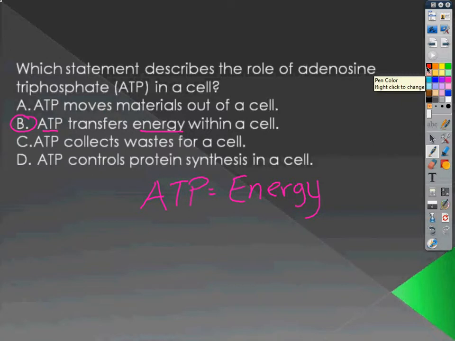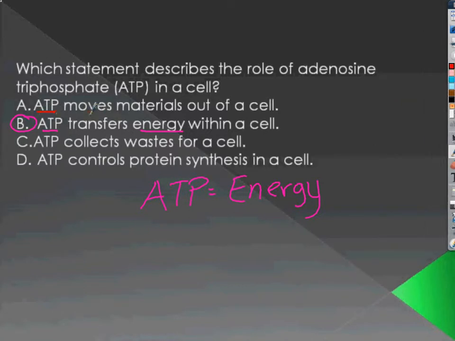ATP moves materials out of the cell. Okay, well that would be more along the lines of the cell membrane or a process called exocytosis. That's about moving things out of the cell.